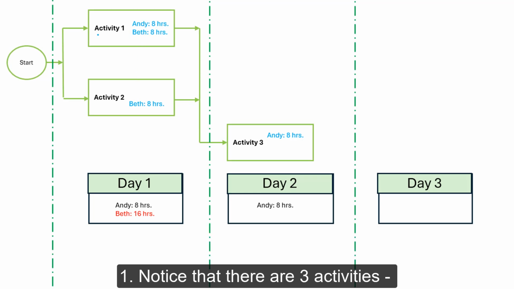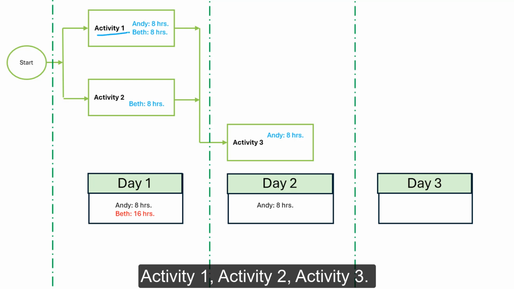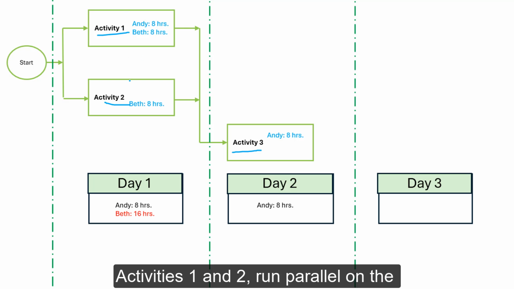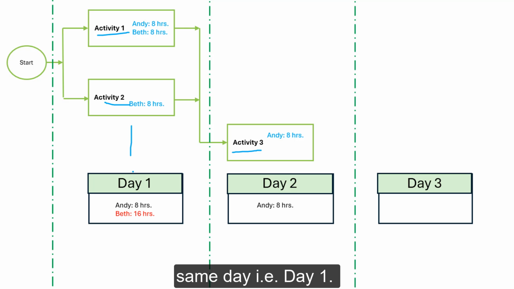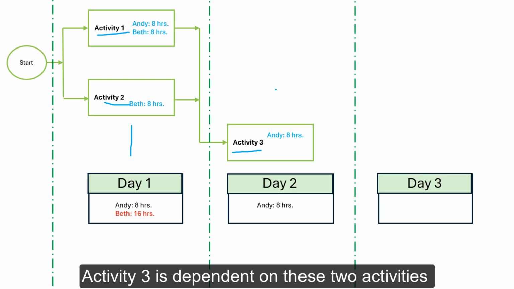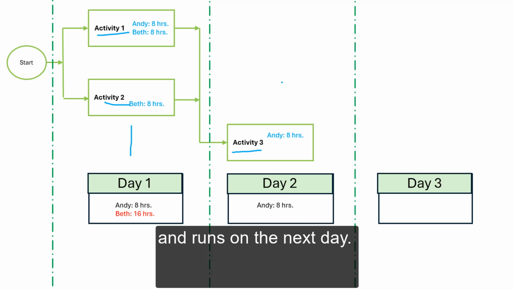Notice that there are three activities: Activity 1, Activity 2, and Activity 3. Activities 1 and 2 run parallel on the same day, that is day 1. Activity 3 is dependent on these two activities and runs on the next day, that is day 2.